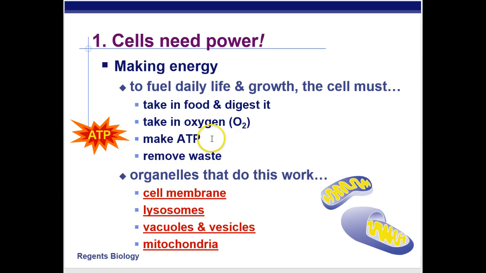Unfortunately, doing that, wastes do build up like carbon dioxide, but those can be removed by respiration. Organelles that do this work are the cell membrane, the lysosomes, the vacuoles and vesicles, and the mitochondria, and we'll talk about each of those separately.